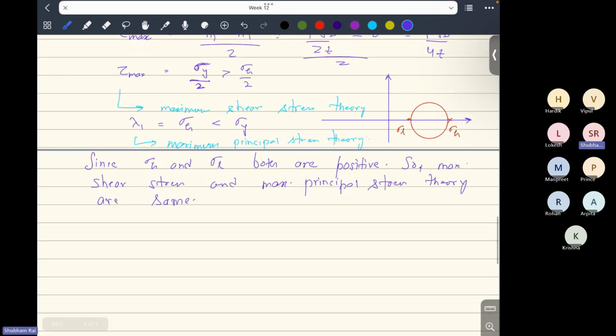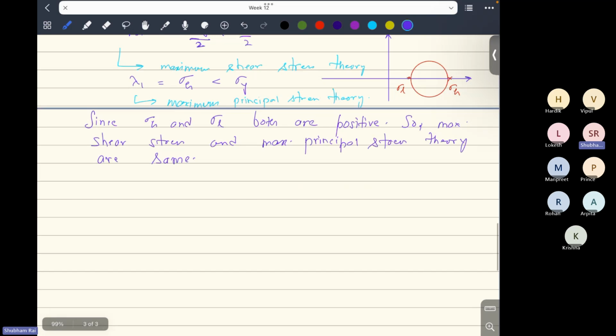So now here you have sigma h equal to sigma y. Sigma y will be ultimate tensile strength divided by factor of safety.